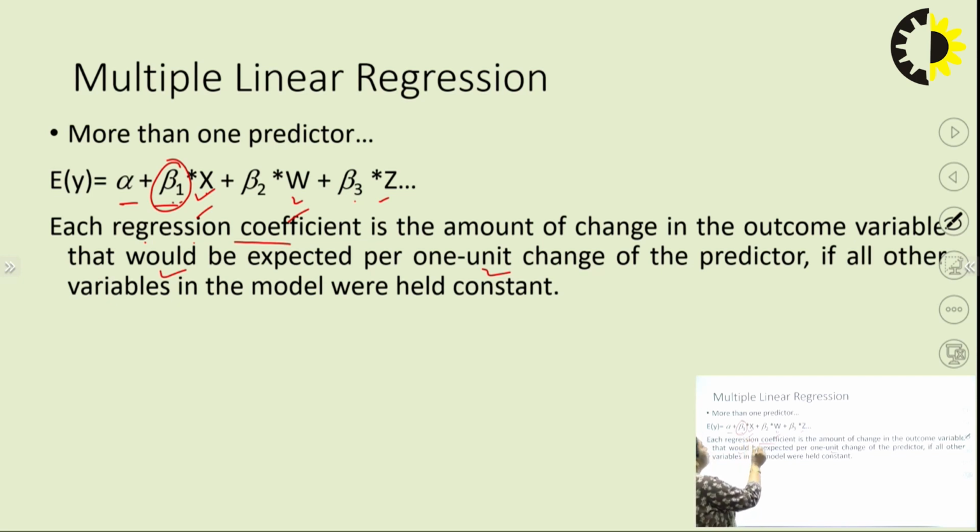This is the regression coefficient of x. That would be expected per 1 unit change of the predictor if all other variables in the model were held constant. So it is based on a 1 unit change in x when w, z and all other variables are fixed, with no change in them. So this is our multiple linear regression.